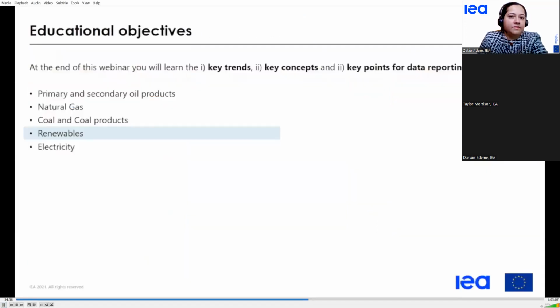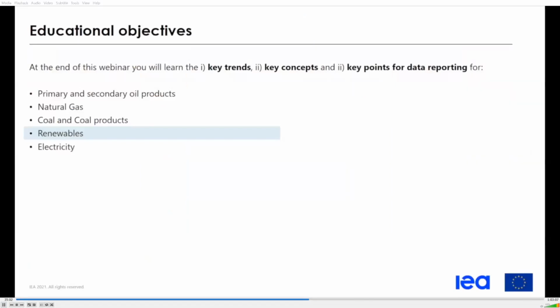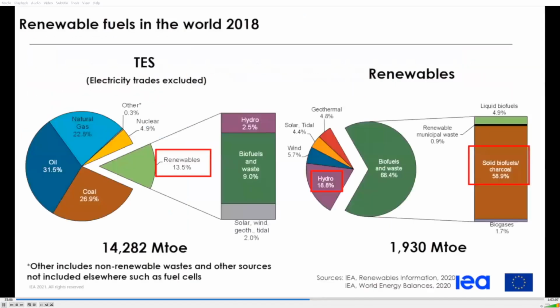So now we will talk about renewables in our energy statistics. When we talk about renewables, for example, in the total energy supply, we can see that it represents globally a little bit less than 40% of the total energy supply in the world.